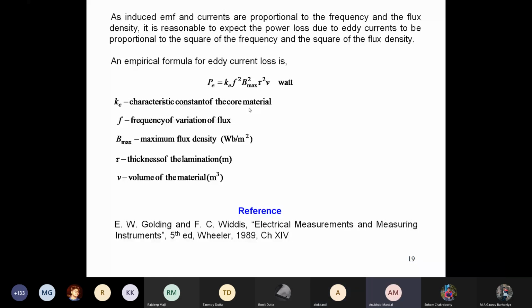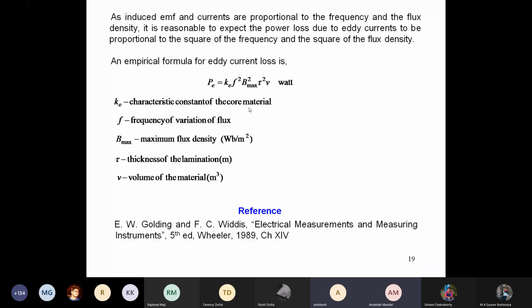Sir, the derivation is important. If we take many different layers of laminated sheet, and in each layer there are eddy current losses, then when we add up the losses of each of the layers, the total loss won't be the same. You see, as soon as you reduce the thickness, the area will reduce.